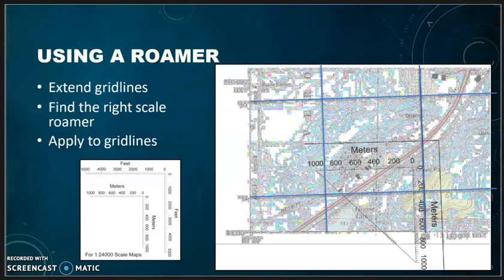You can make your own roamer based off of the scale that's at the bottom of the map, and you just want to make sure that when you separate your feet out, it is the right amount. For this roamer here, it says we want to extend the grid line. So we have our grid lines set up, and then we're able to measure from the grid lines using our roamers. Again, you want to find the right scale roamer, and then we apply it to the grid lines that we're working with.